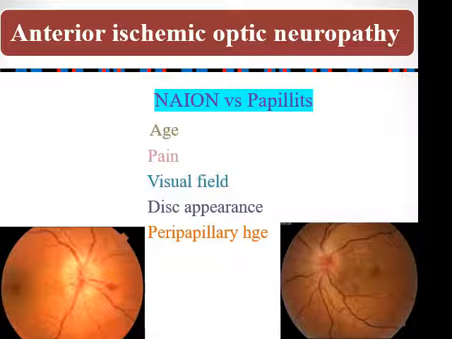On examination of the visual field, non-arthritic anterior ischemic optic neuropathy shows altitudinal field defect, while papillitis shows central field defect. The optic disc is pale in cases of ischemic optic neuropathy and is hyperemic in cases of papillitis. Peripapillary hemorrhage is seen in cases of ischemic optic neuropathy, while it is absent in cases of papillitis.